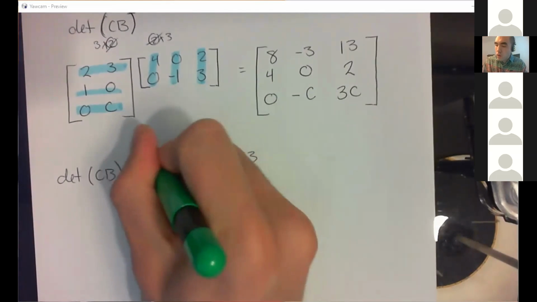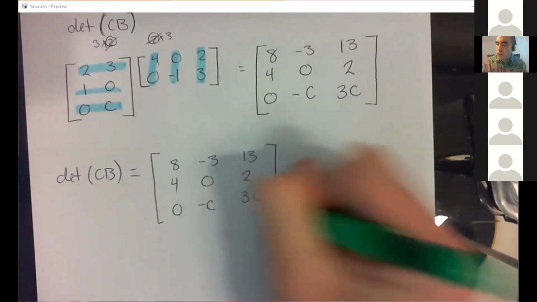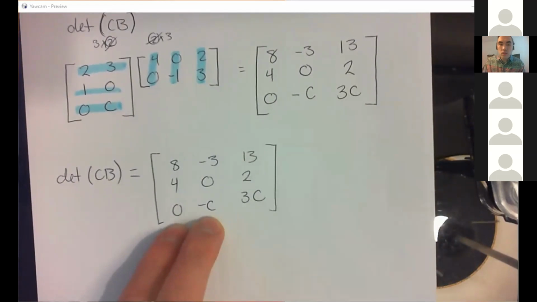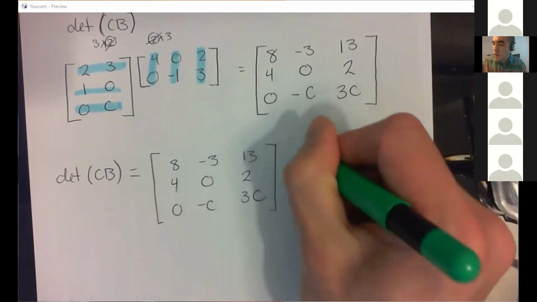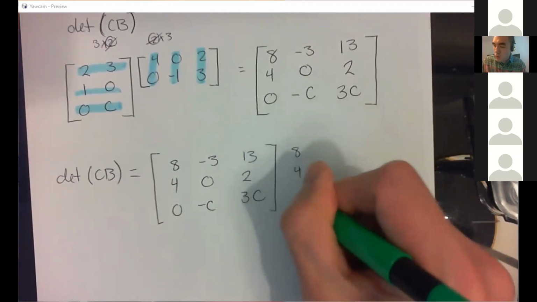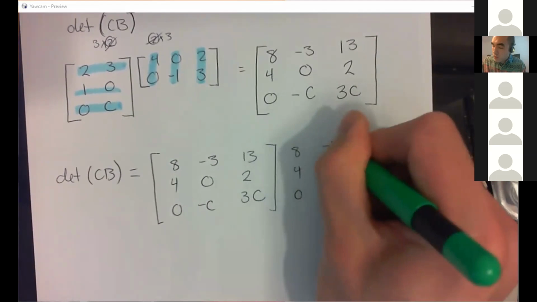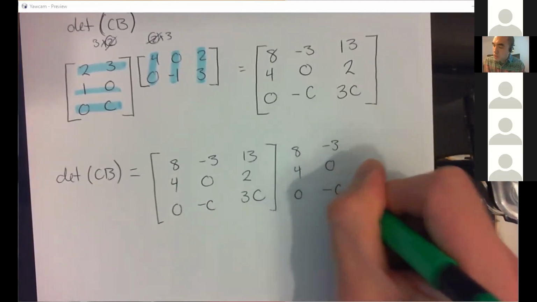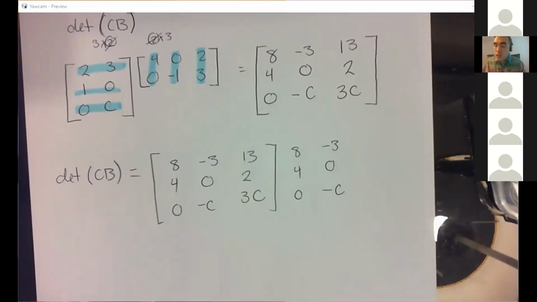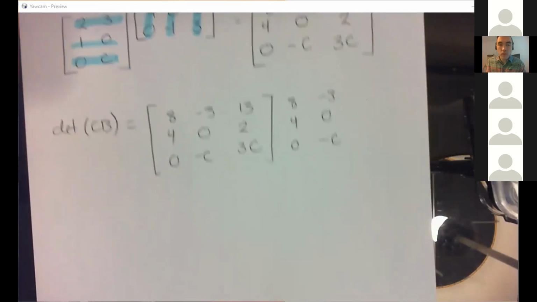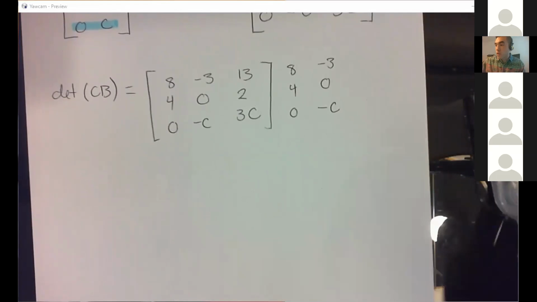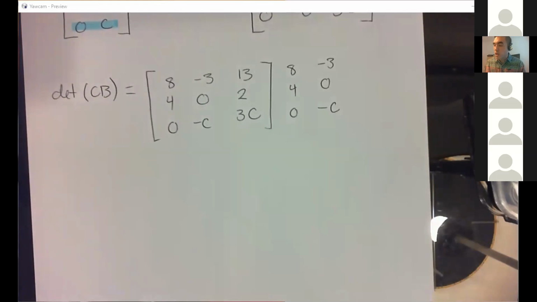And for this to work out, I have to copy over the first 2 columns. I'm going to take these 2 columns and rewrite them over here, so this is 8, 4, 0, -3, 0, -c. One way that we can produce the determinant of a 3 by 3 is by taking 3 of our positive diagonals, multiplying and adding.